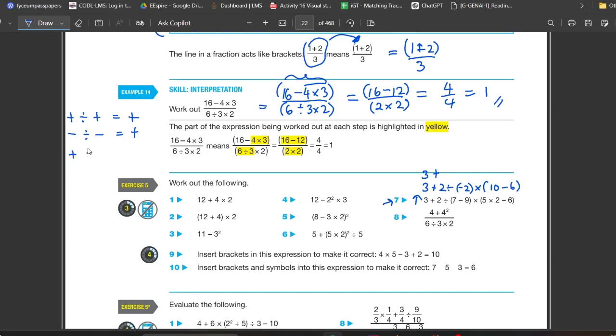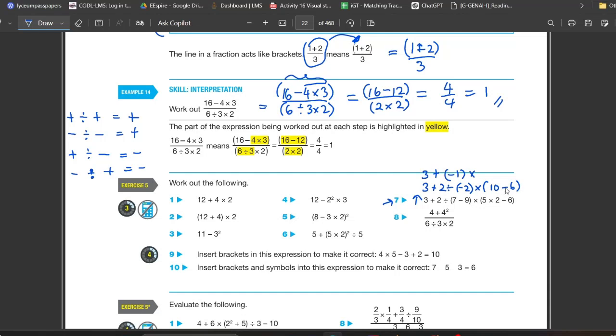Different sign multiplication and division gives you minus. Similarly, if this is a multiplication, also this works. So different signs, so we get the result as minus 1 times 10 minus 6.